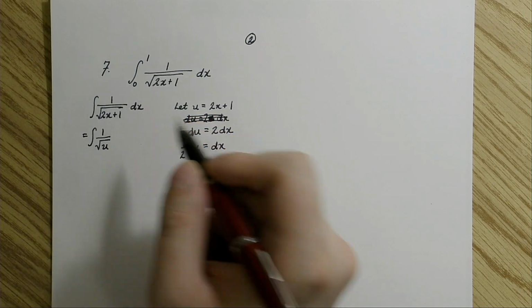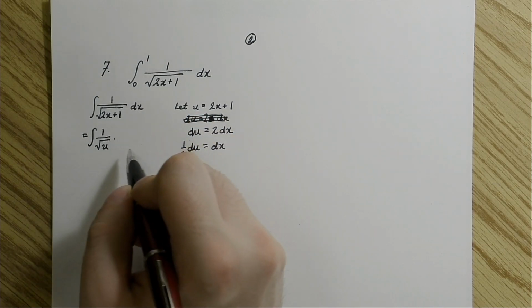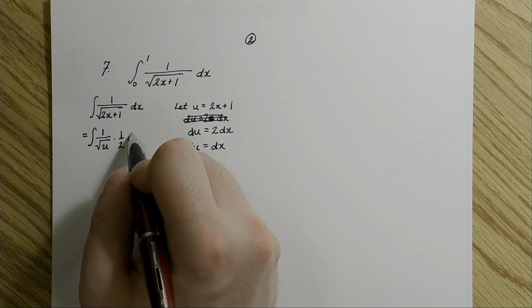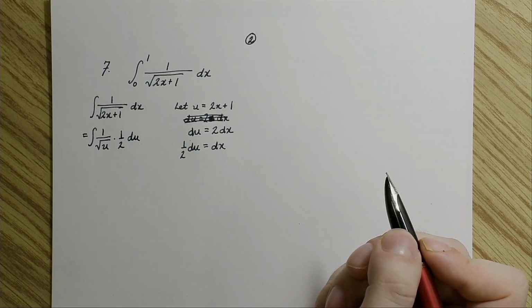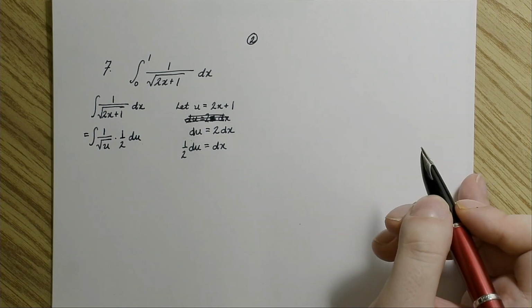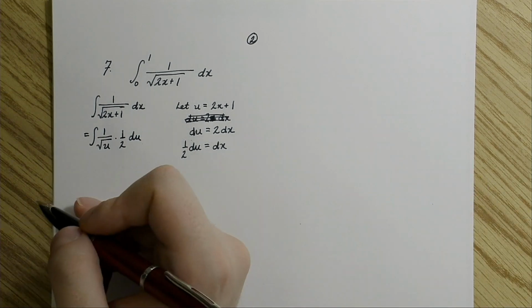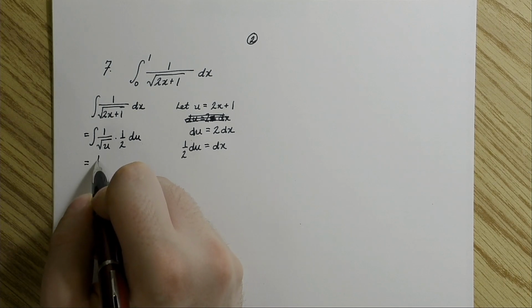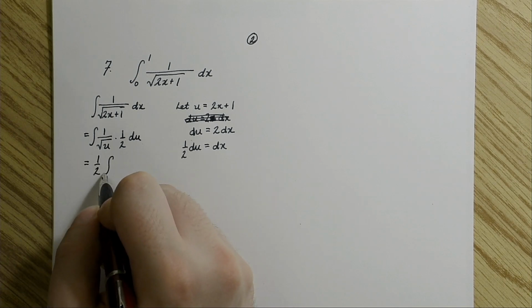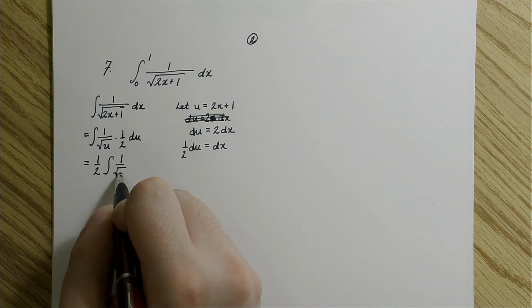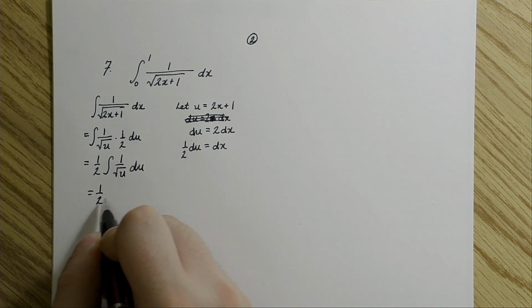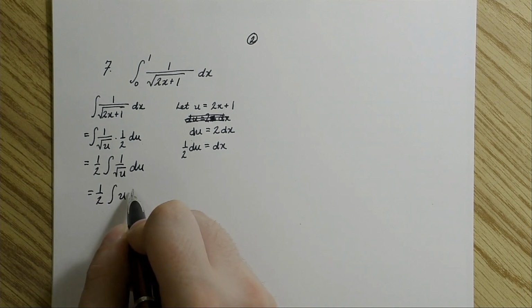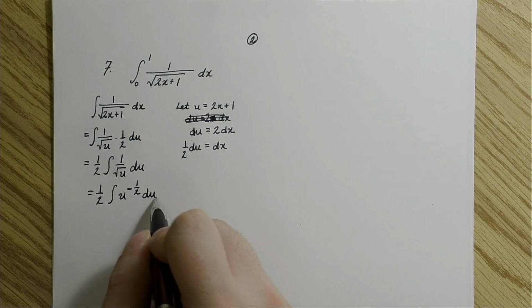And instead of writing the dx, I'm going to replace it with 1/2 du. And again, I can bring out that 1/2 in front so that I have 1 over the square root of u du. And rewriting it so that I have u to the negative 1/2 du.